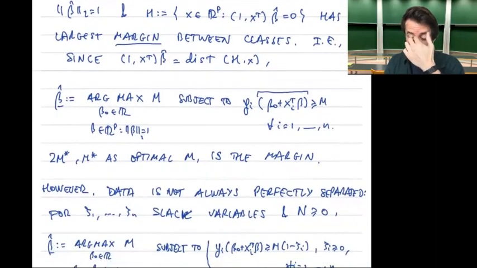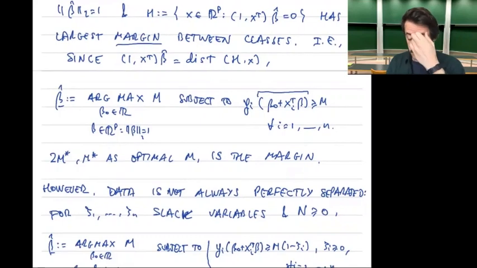If the classes aren't perfectly separated, there'll be no solution with M non-negative, but presumably you could still have a solution with some negative M, a reverse margin.